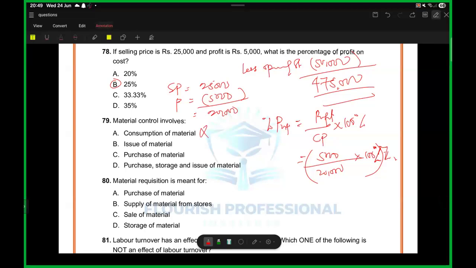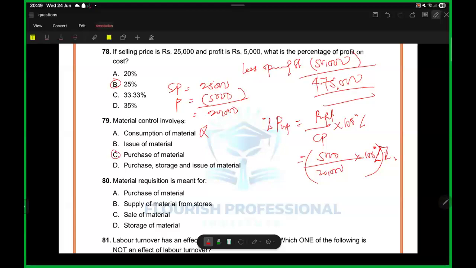Issuance of materials means that you are using the material, because if you issue the material, you definitely consume it. Purchases of material. And then D is talking about purchase, storage, and issuance of the material. So the answer here would be C.